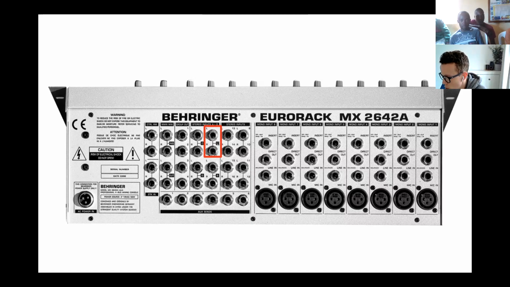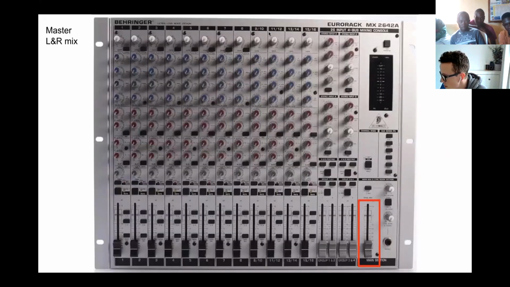So these two, where it's got A, this says that you could input your computer, for example, into stereo A to D. And then you could control it over here on stereo input A, and you could send that to the monitors.